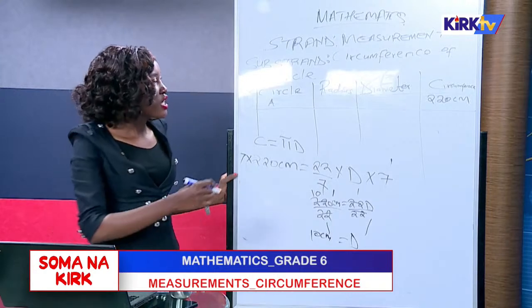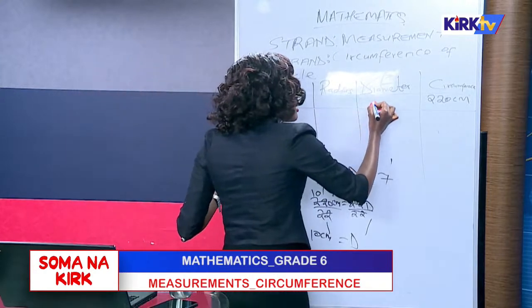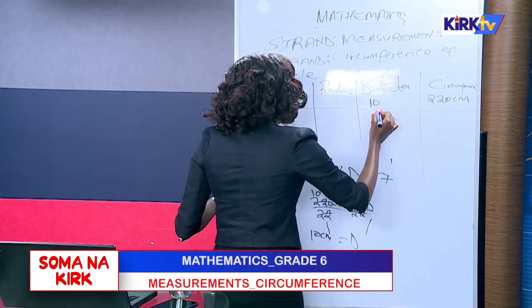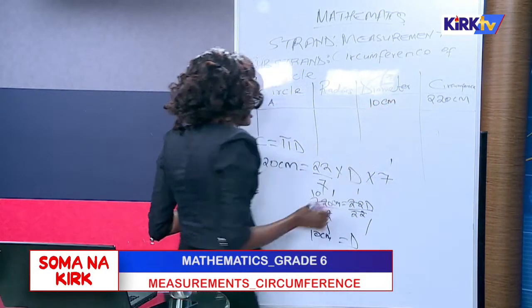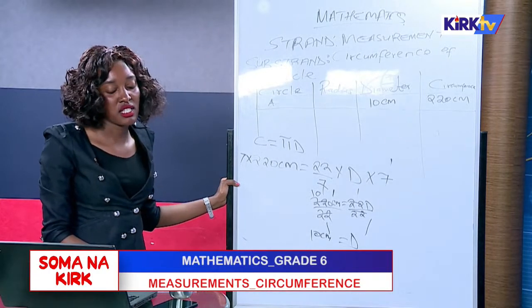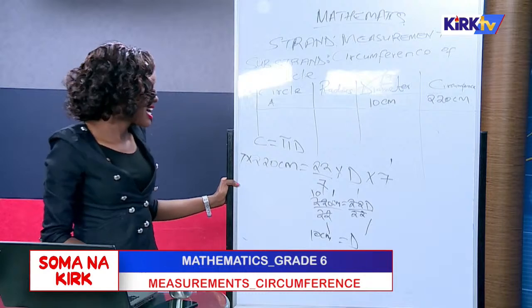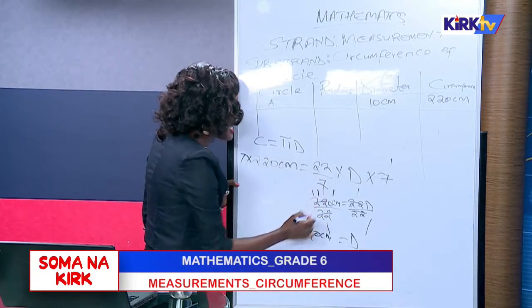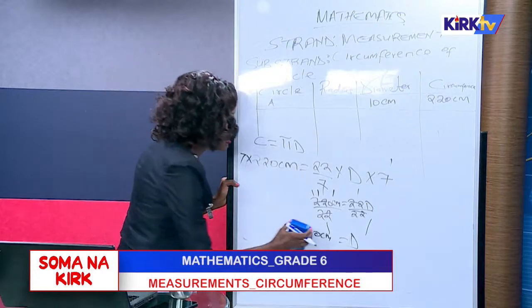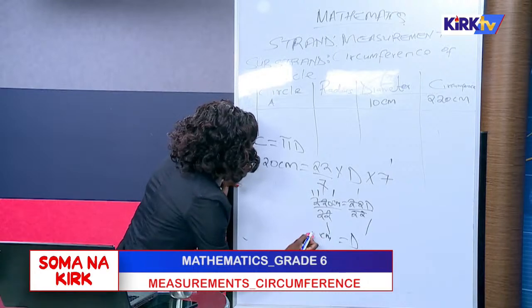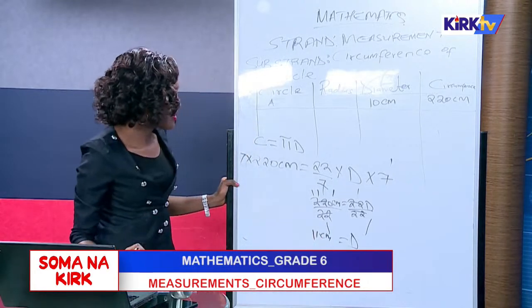Is that okay? So in our table here, we are going to fill 10 centimeters as our what? Not 10 centimeters. It's 11 centimeters. Yeah, by 22, 1, by 22, 11. Sorry, 11 centimeters. So it's always good to be very, very keen.